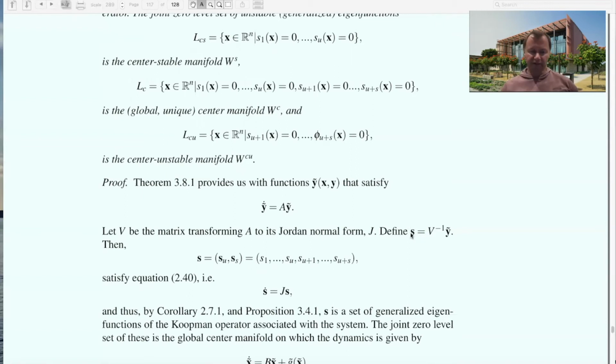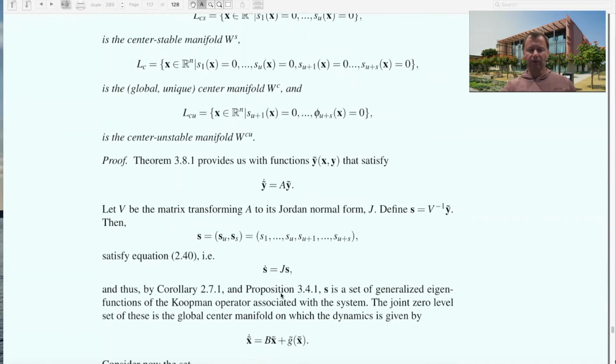And if you remember our lectures on linear systems, we can define new coordinates such that in those coordinates, the equation is driven by Jordan normal form J. And so S, this set of variables that's obtained by Palmer's y tilde, is in fact a set of generalized eigenfunctions of the Koopman operator.